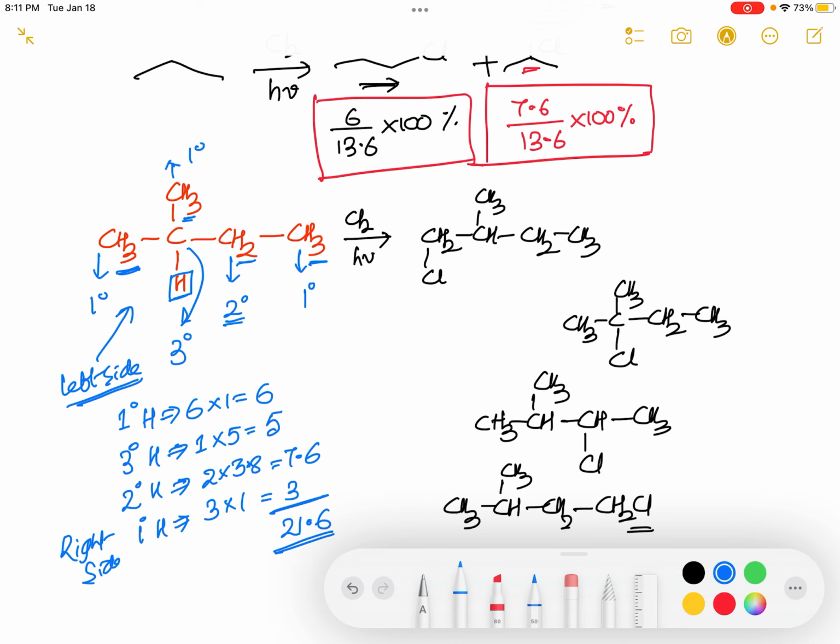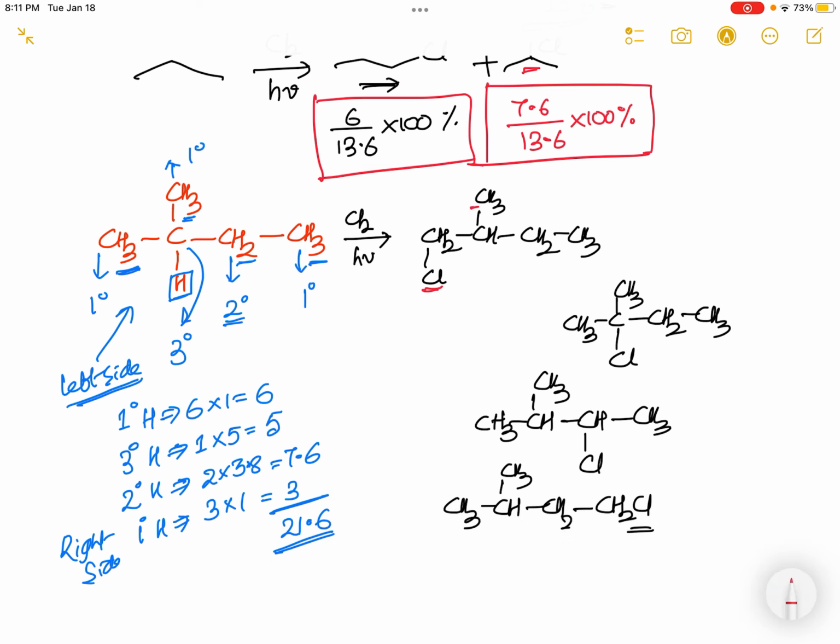Now you can see the possibilities. Here at this place or this place, that will be same, that is 1 chloro 2 methyl. For this the chances are 6 by 21.6 into 100. For this place, this is tertiary position, so tertiary means 5 by 21.6 into 100.